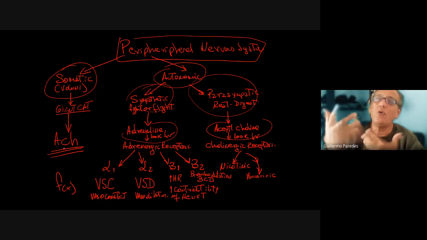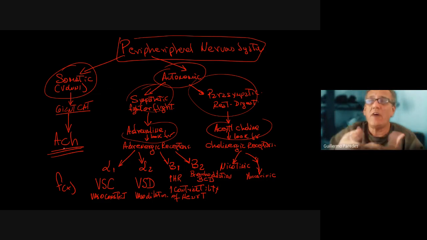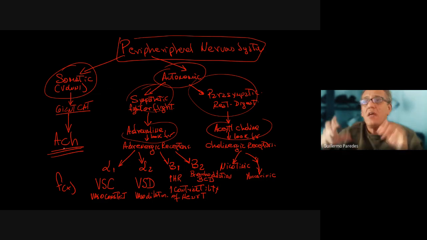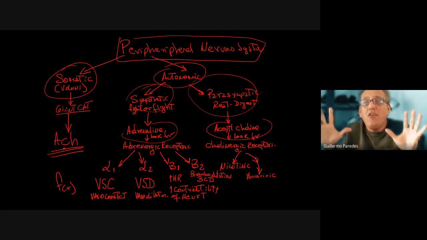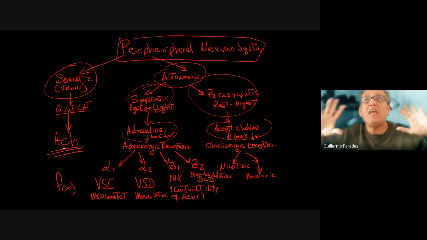The best way to remember all these functions is this: the peripheral nervous system are the radars, the elements that make you know what is happening outside of the central nervous system.